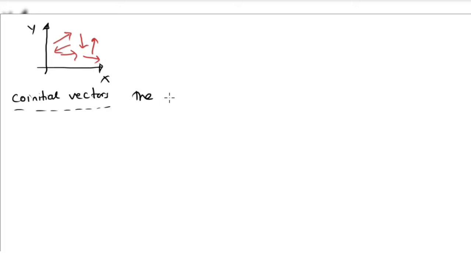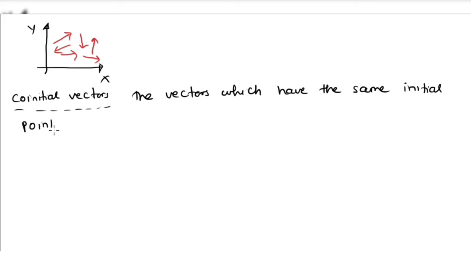The vectors which have the same initial point or same starting point are known as co-initial vectors.